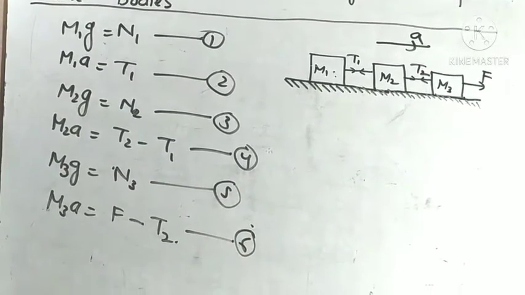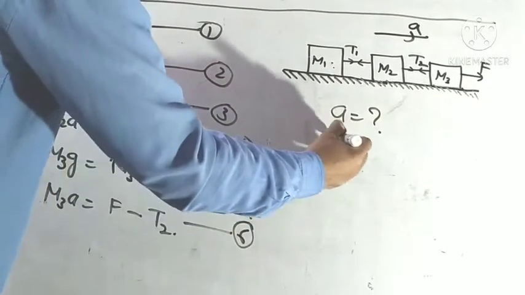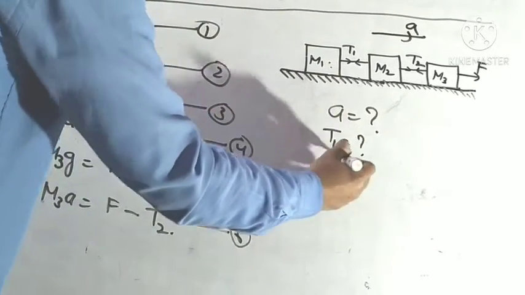Okay, firstly we have to find the value of acceleration, and after that we find tension T1 and T2.